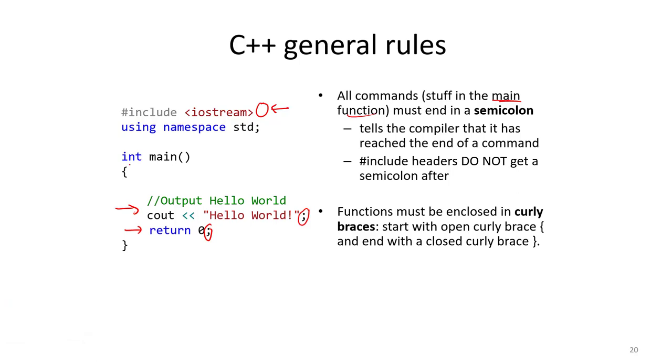Another rule is that functions must be enclosed in curly braces. And so you start with an open curly brace and end with a closed curly brace. And good practice is that the first curly brace start either next to main, or on its own line, and the second curly brace should be on its own line.